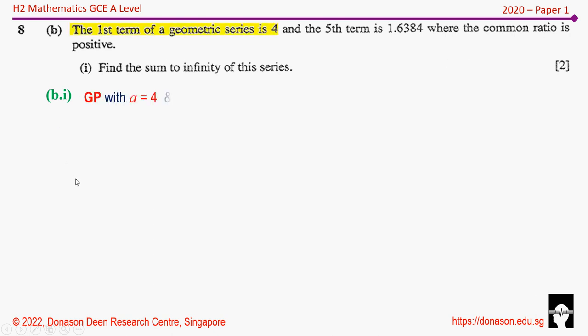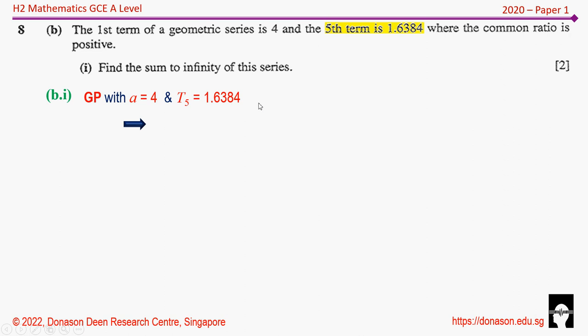So the first term of the series is 4, that means it's a GP with a equals 4. A is always used as the first term, or you can call it U1. Whichever way you're used to calling it, it doesn't really matter. So a is equal to 4, and we are told that T5, the fifth term, is equal to 1.6384.